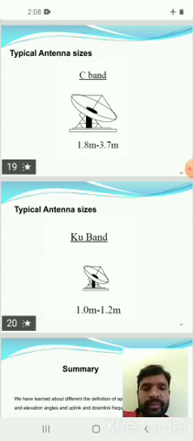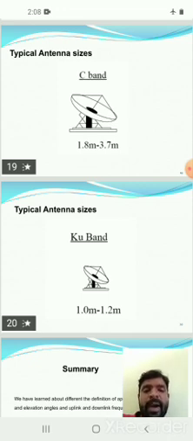For C-band, the antenna diameter is approximately 1.8 meters to 3.7 meters. So the parabolic reflector antenna or dish antenna diameter for C-band is 1.8 to 3.7 meters.